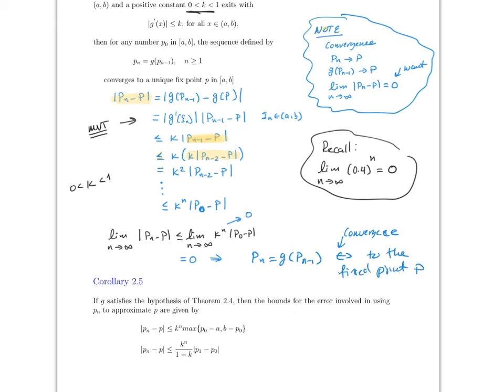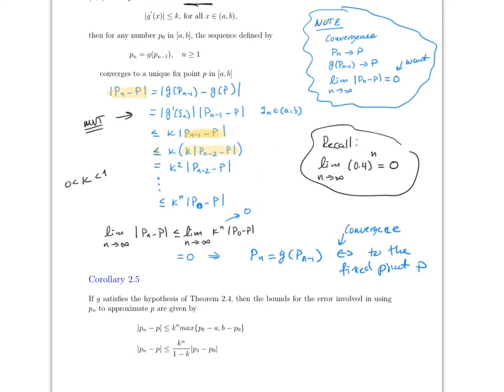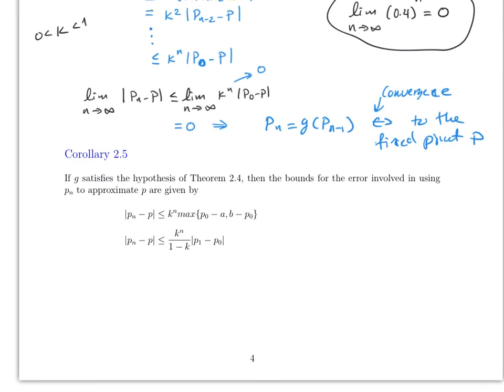P. There is an extension to this theorem, and that will be Corollary 2.5, and this one has the bound in terms of the first two approximations. This one tells you that the difference between the approximation and the fixed point has to be less than K, where this is related to the derivative of g, and you multiply that times the difference of the two first approximations.